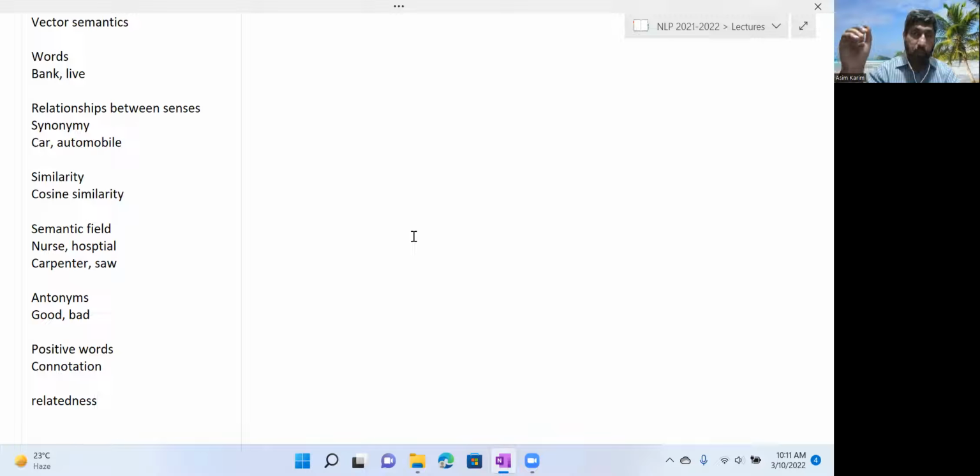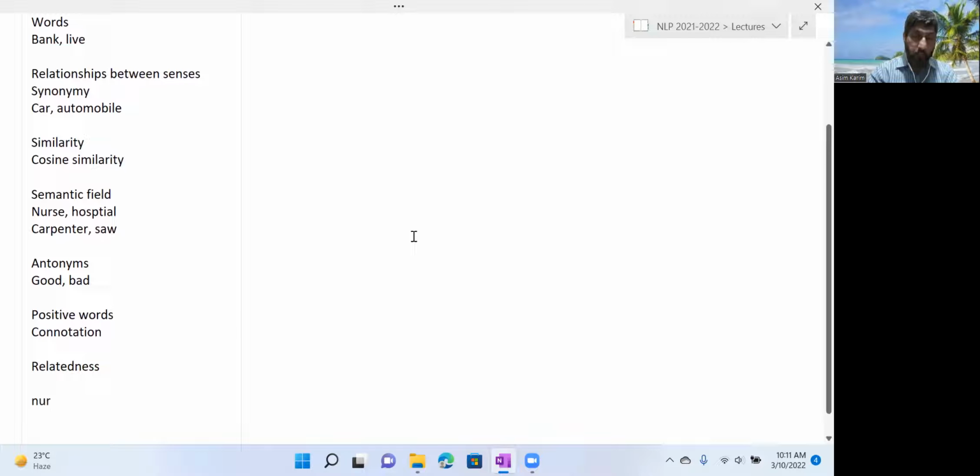Because whenever we are trying to deduce or induce the meaning of words from context, for example, the example I gave before, nurse and hospital may be used together frequently in the same context. So they might appear close to one another in running text. They are not synonyms, but they are related.